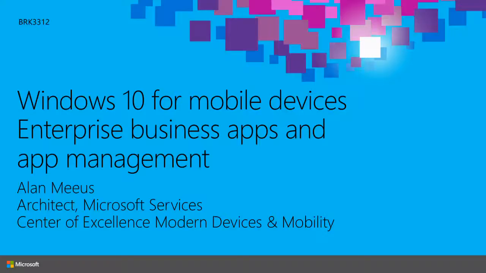Who has done a Windows 10 session? You will hear some similar things between Windows 10 and Windows 10 for mobile devices. When we did these titles, we had to do them months before the actual event, and then we have to invent titles that don't disclose anything, right?